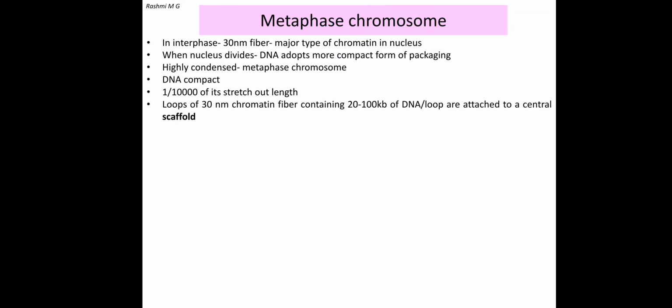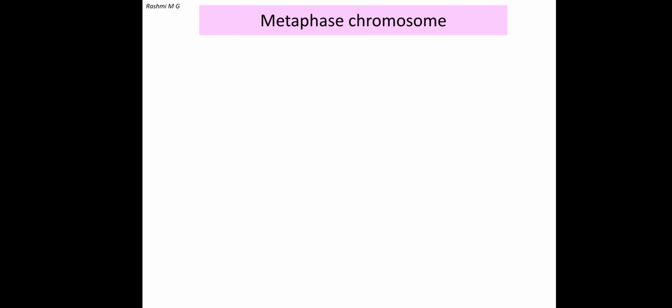Now is the metaphase chromosome. In interphase, there was a 30 nanometer fiber, which is a major type of chromatin in the nucleus. So when the nucleus divides, DNA adopts a more compact form of packaging. So till now what all have we discussed? We discussed the first organization, where the DNA is wound around the nucleosome, which was the first level.